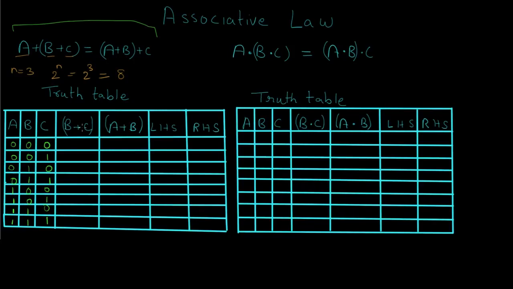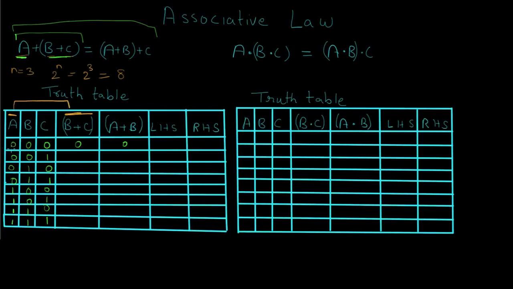Now let's calculate b or c. For the first case, we have b or c as 0 because b and c both are 0. Let's calculate a or b. Again, a or b is 0 as both the values of a and b are 0. Now the LHS is made up of a and (b or c) together. We just need to take an OR of these two parts.